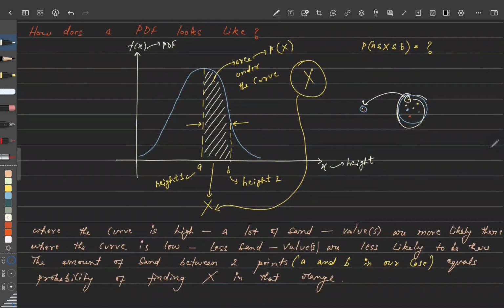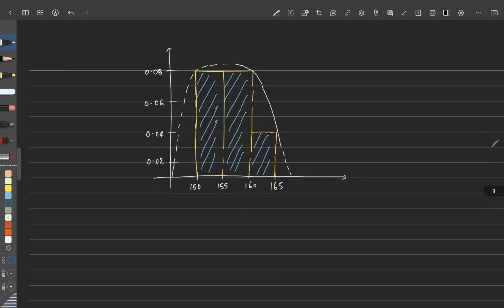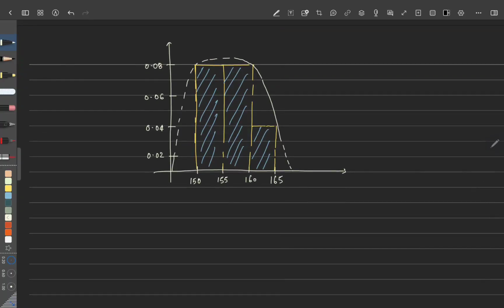Not exactly, but you see it is assuming that form, because our data was not perfect, but you see the point. What this graph tells us is that there is a high probability of finding a height between 150 and 160. Between this range there is a high probability of finding the height that you might be looking for.